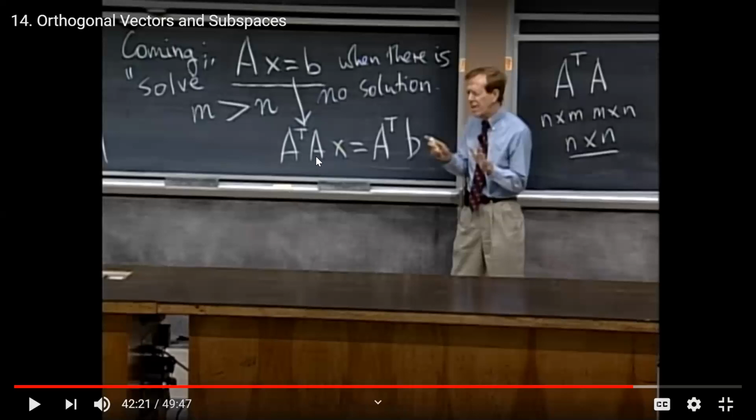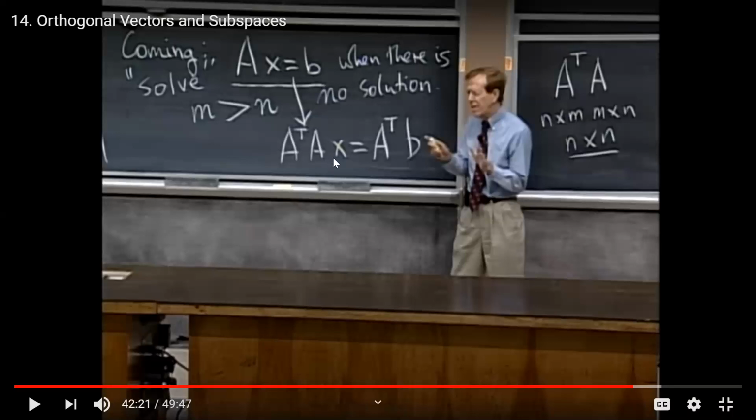And where we started from, A can have 500 rows. But if all those rows are independent rows, none of the rows can be made from any other row. So in other words, if all the measurements are independent measurements, then there is a chance that we will be able to solve this equation rather than this equation.